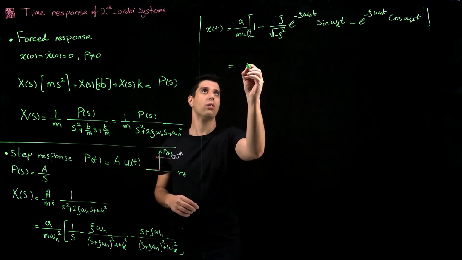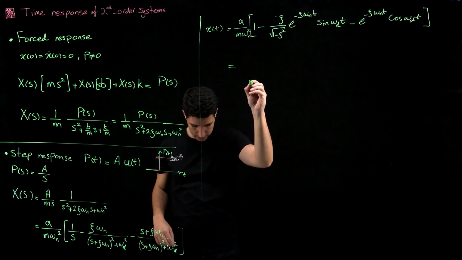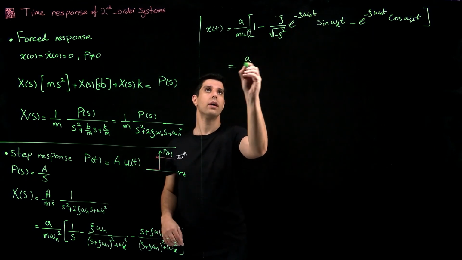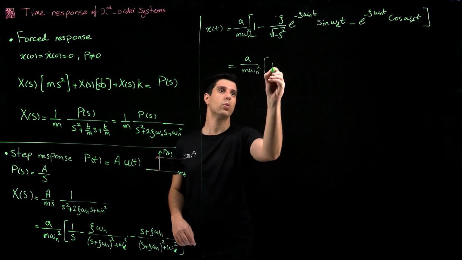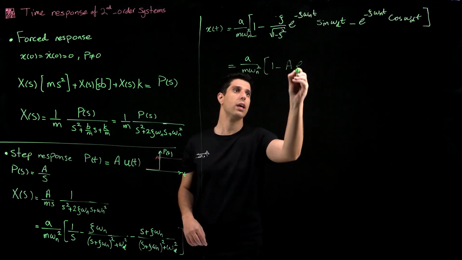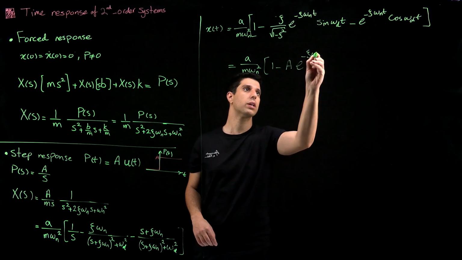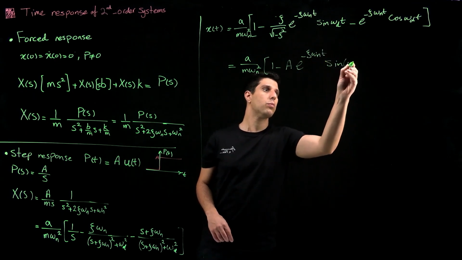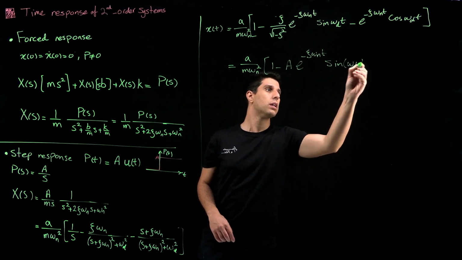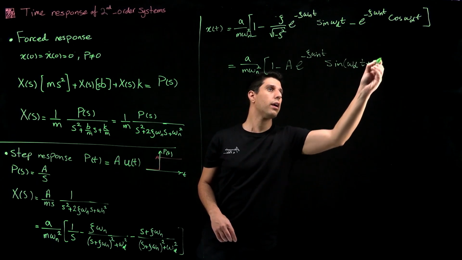So it's all going to be a over m omega n squared, 1 minus some a e to the minus z omega n t sine of omega d t plus phi.